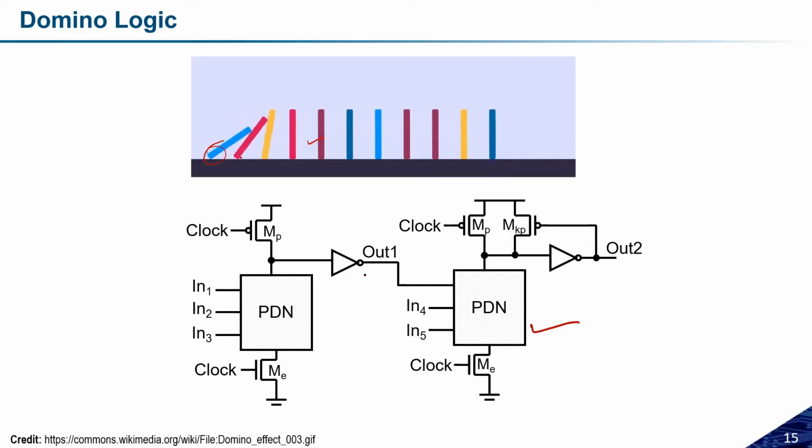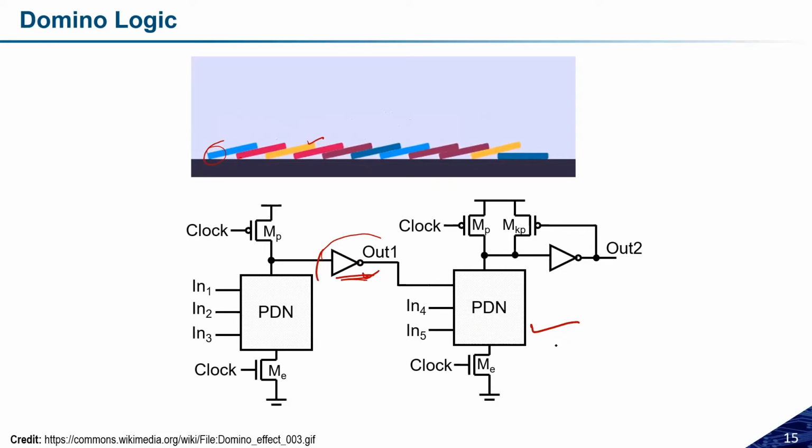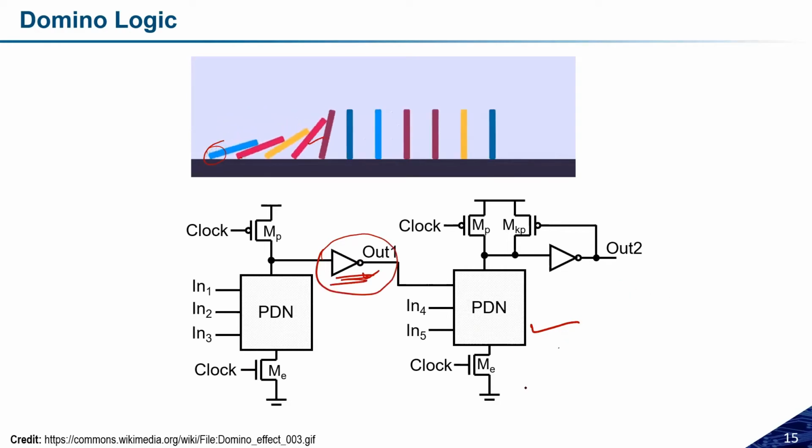Once this output is reflected, it will be passed to the second input, and then it will work. So effectively, suppose I have cascaded 10 stages, the total time delay will increase as I increase the number of stages. This kind of combination or logic, we call it domino logic circuits.